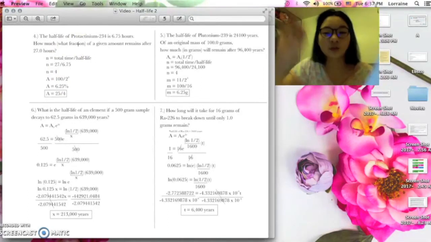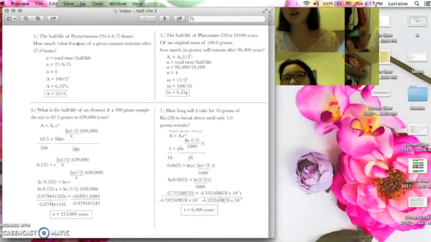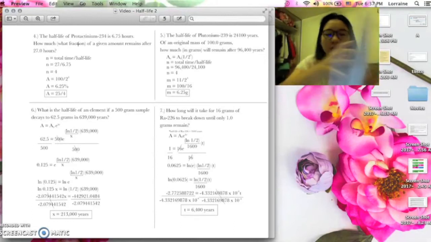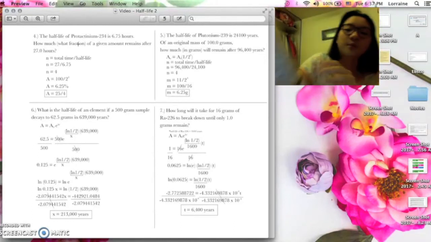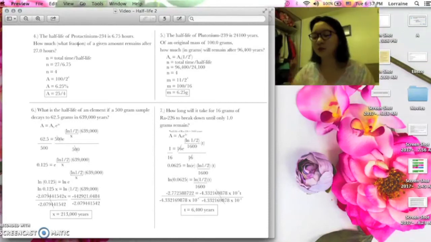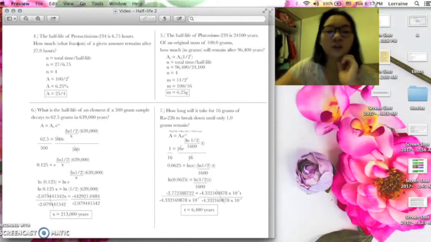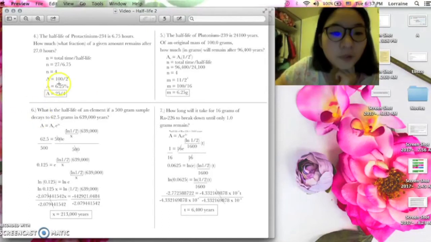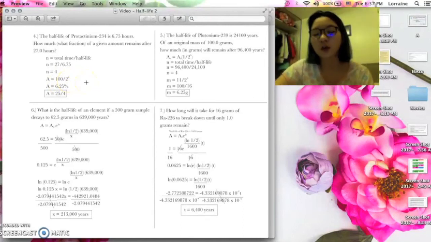So 50, 25, 12.5, etc. I have that in table form here, which once again, you can message me on Facebook for the elementary version. So, A equals 100 over 2 to the exponent of 4.